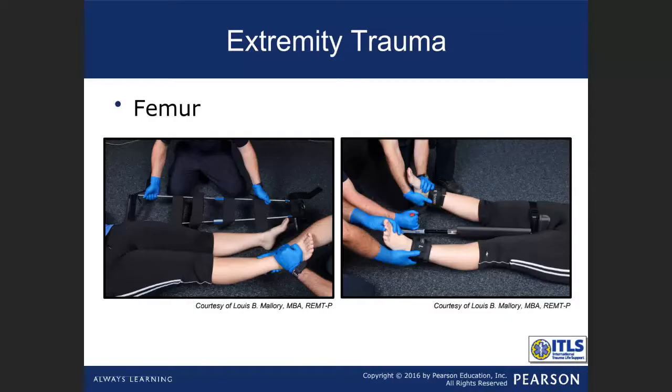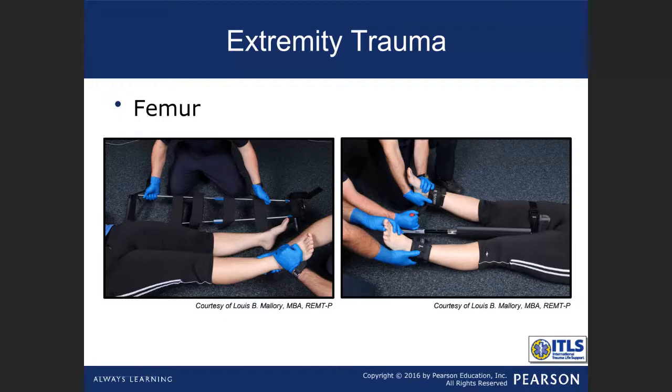For the femur, as long as it's a femoral shaft fracture and there are no other complications and your protocol allows, go ahead with your traction splint. It's not a device that is commonly used anymore because of how specific its use is.